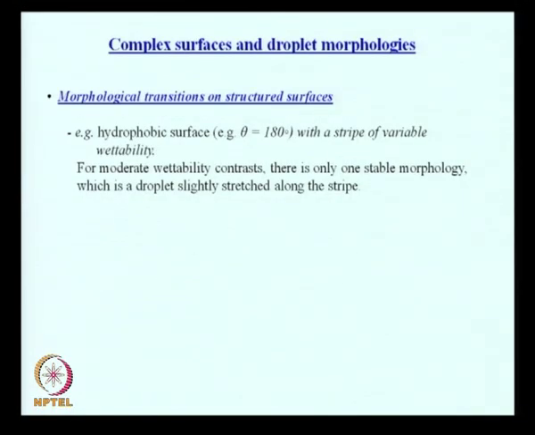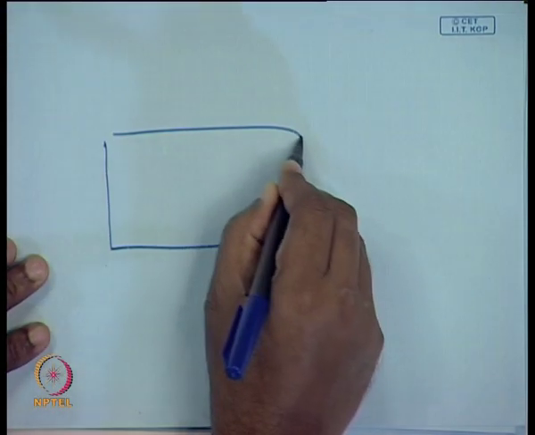So, we know that there are cases where hydrophobic surfaces with a strip of variable wettability can be used to move a droplet. So, let us say we have a surface in which the hydrophobicity keeps on changing. As I move, the surface becomes more and more hydrophilic.